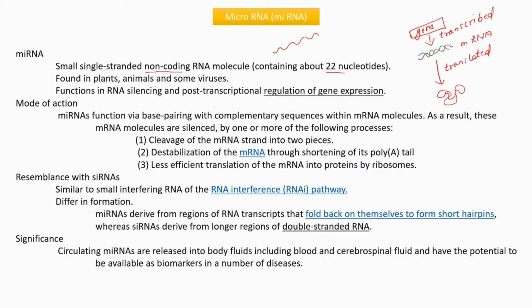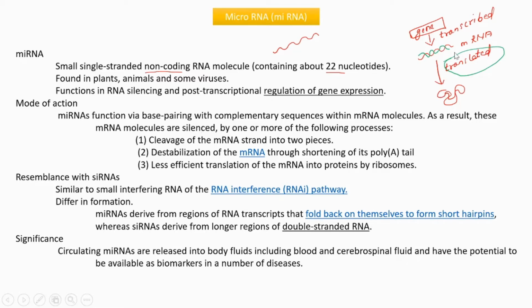In that way, it restricts the translation of that mRNA. Understand? It causes base pairing with the complementary sequence present in mRNA, and as a result that mRNA is silenced. It will not express, it will not translate.